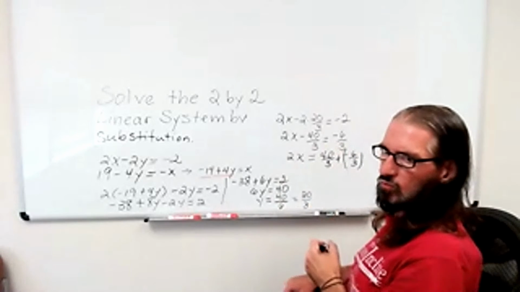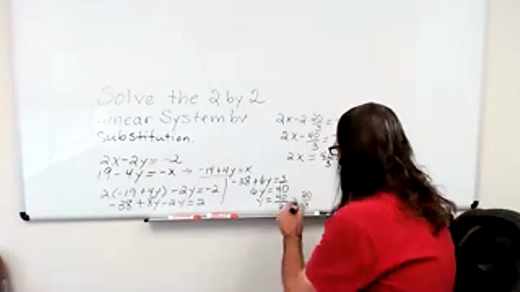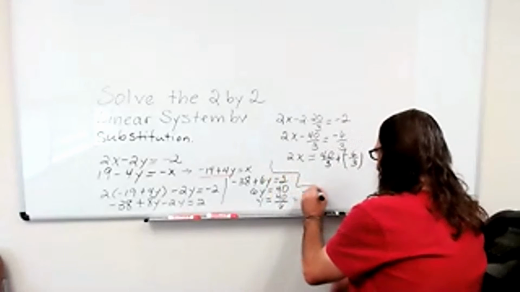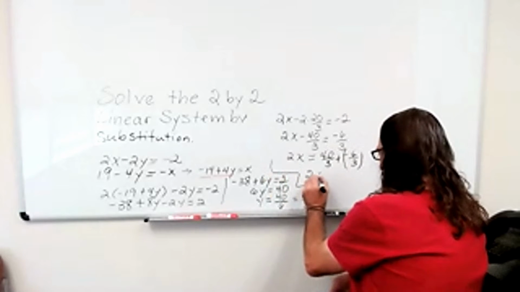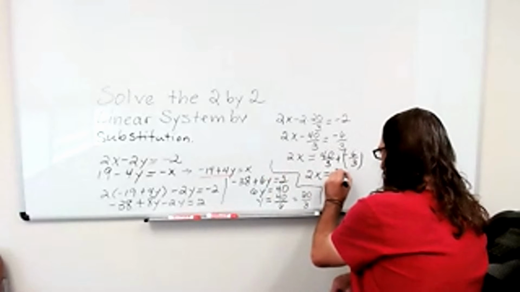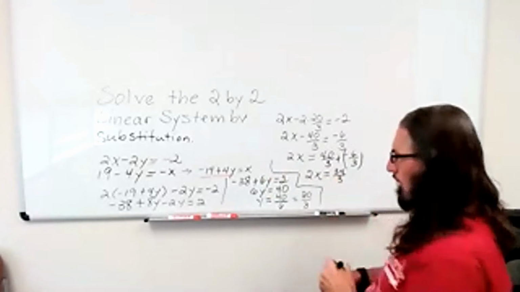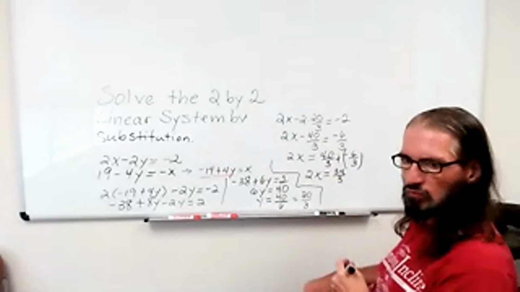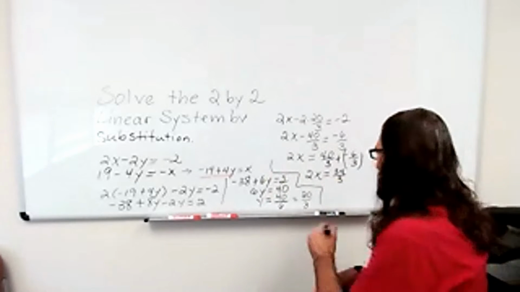And that'll give us the 2x is equal to 34/3. And then dividing both sides by 2 would be the same as multiplying by 1/2.